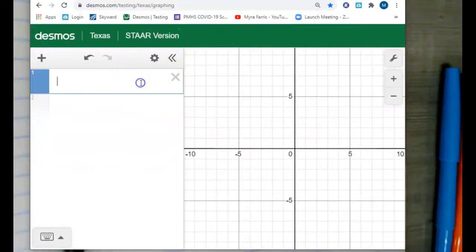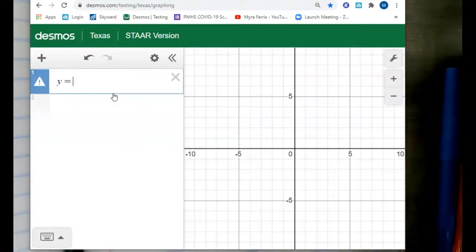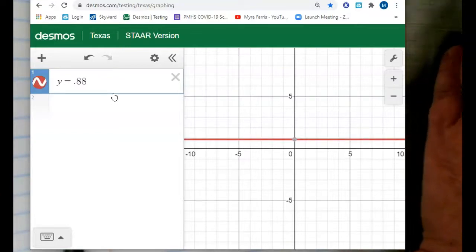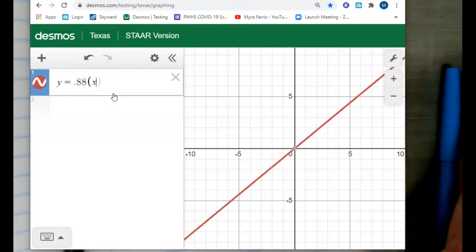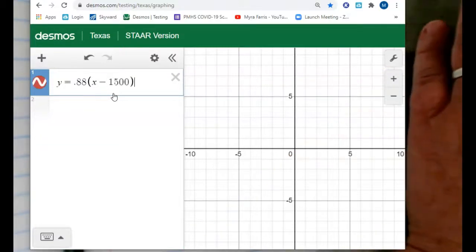So the first equation was y equals 0.88x minus 1500.